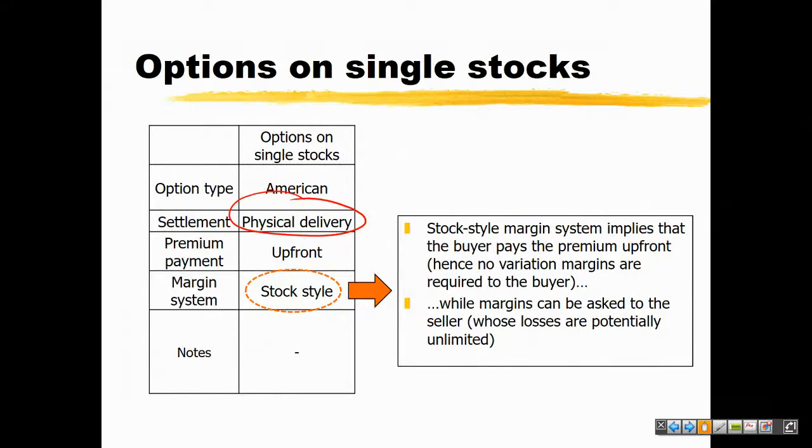It's paid in full and received in full because there is physical delivery of the underlying. As I'm going to show next, options on stock indexes instead have cash settlement. So physical delivery is often the way of settling the contract, but not always.